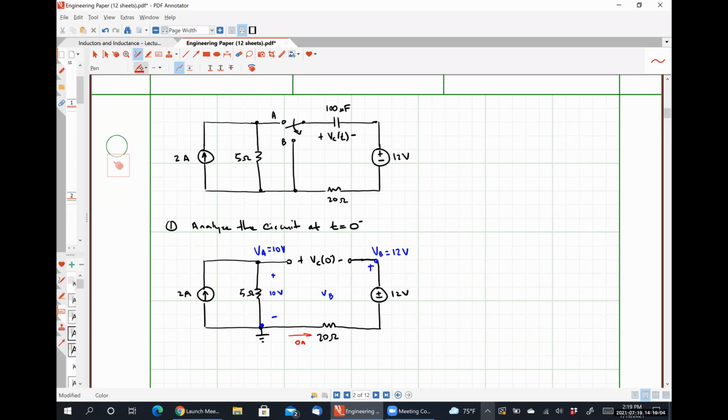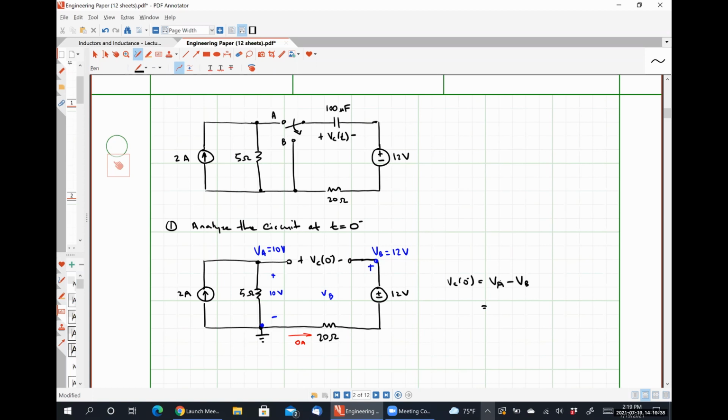So if we know nodal voltage VA and we know nodal voltage VB, I would argue that VC at 0 minus is simply VA minus VB, because we have the nodal voltage associated with the positive polarity terminal of VC minus the nodal voltage associated with the negative polarity terminal of VC.